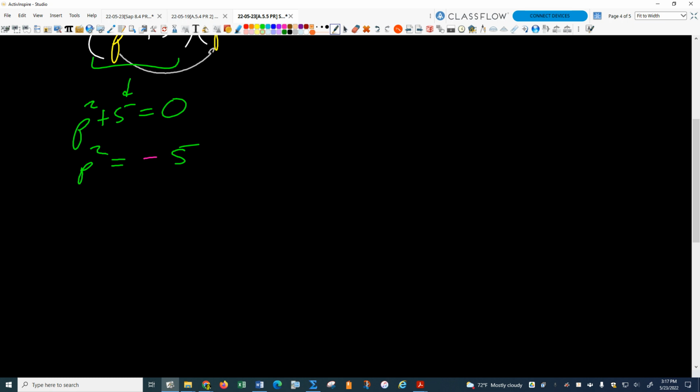Does that make sense? Because I got to get the p by itself, so I have to undo the square, don't I? So I'll square root each side, and the square root is going to cancel the squared. So we're going to get p equals, if I square root both sides of an equation, what do I have to include? Plus or minus, good. So I've got my plus or minus sitting out there.